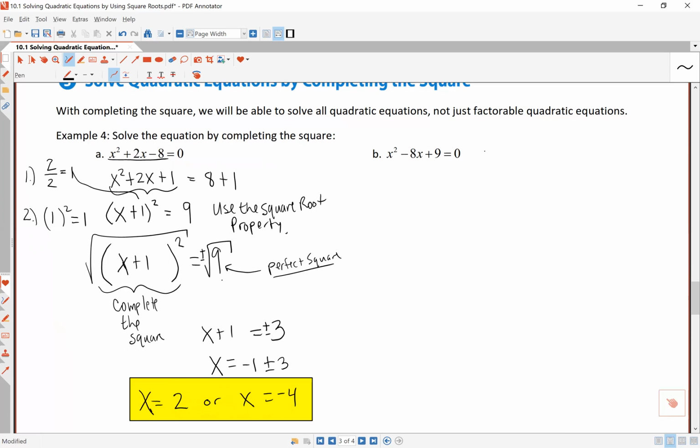Okay, so we see that the first step is to isolate the x squared and the x terms. And so we achieve that by subtracting 9 from both sides.